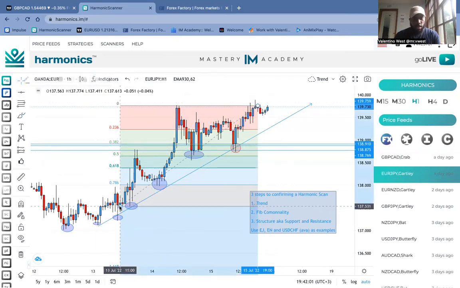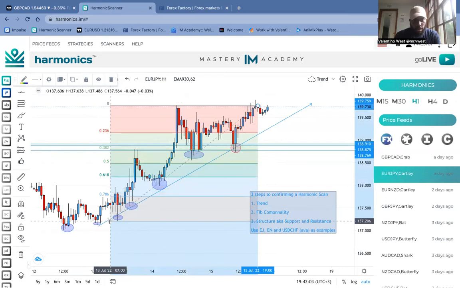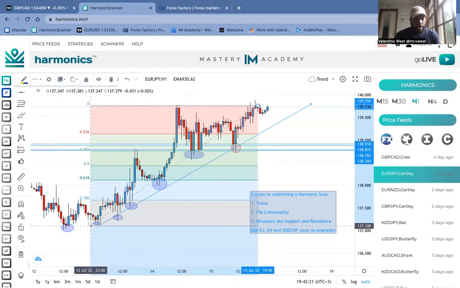Now I can move this low even lower here to see if there's more. Okay, and what do we have here again? We have that 382 right there. So we have really strong fib commonality. We have 4 key fib levels that are around the same area. That's very strong. And then if we check here, it's a little bit lower, but it's still here.